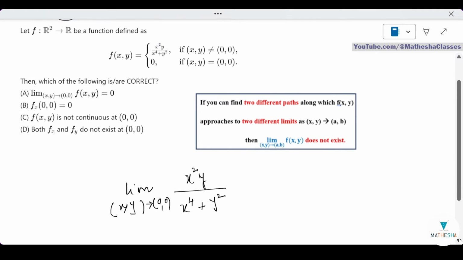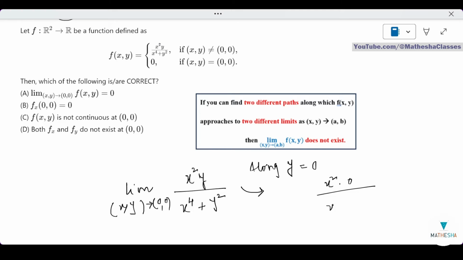Now if you take the first path y is equal to 0, so along y equal to 0 this expression will become x square times 0 upon x^4 plus 0 square.